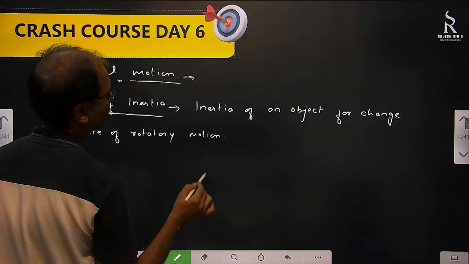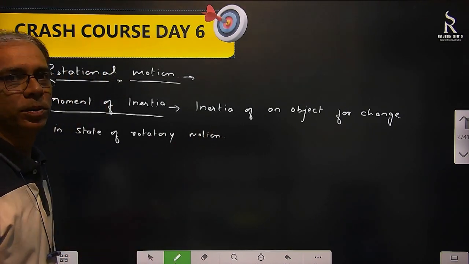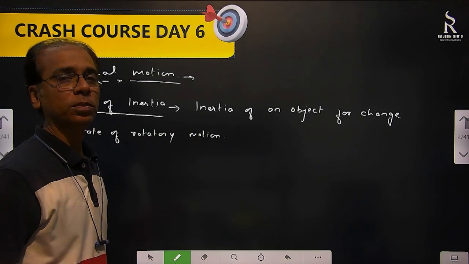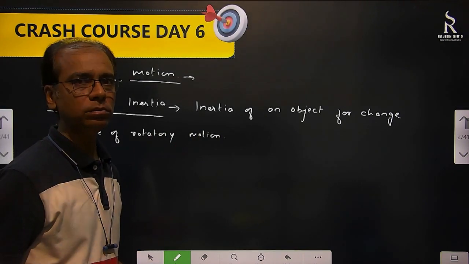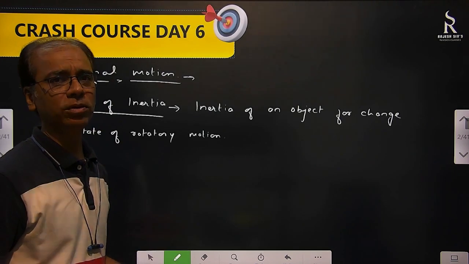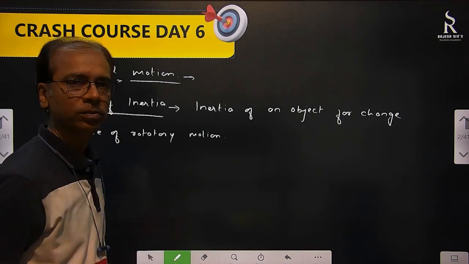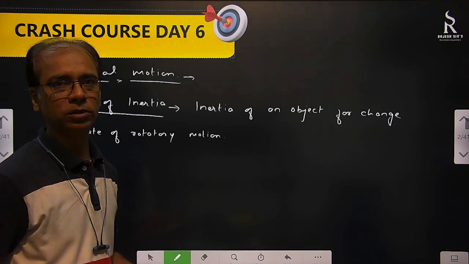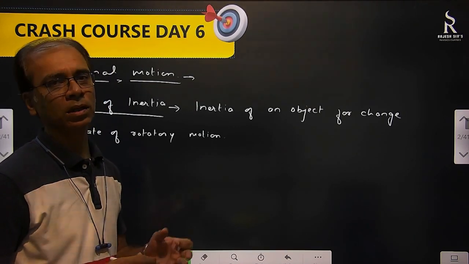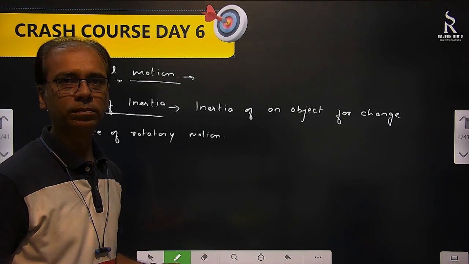In the law of inertia, what we said is that inertia is that property of the object or a mass which opposes the change of state. If the body is at rest, it wants to be at rest. If the body is in motion, it wants to be in motion. Same here also, but here the motion is rotatory motion. If the body is at rest, it still wants to be at rest only.